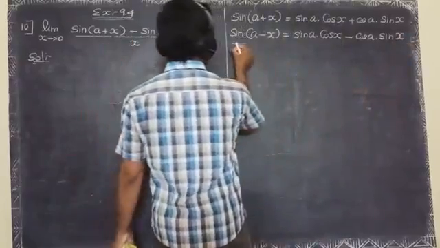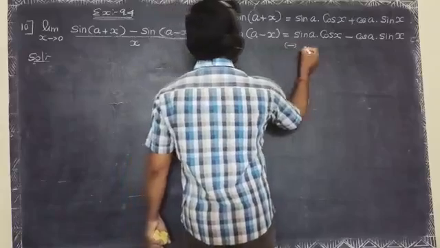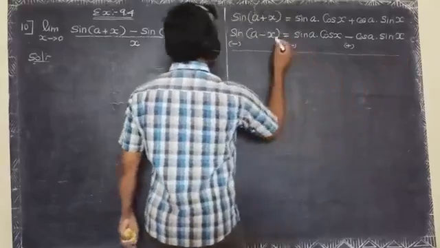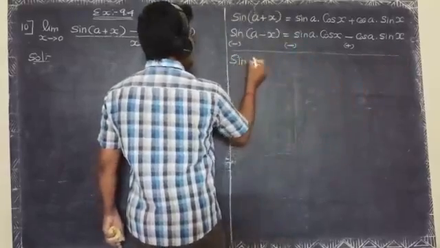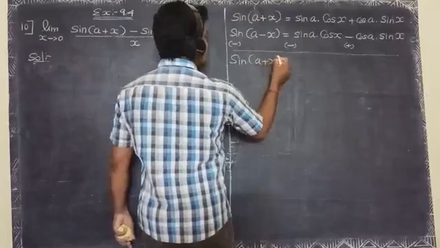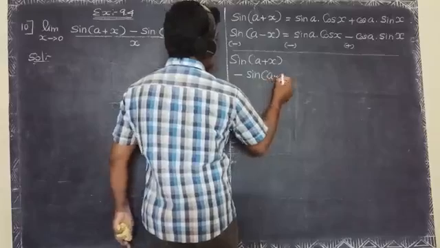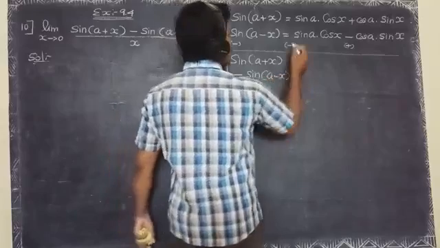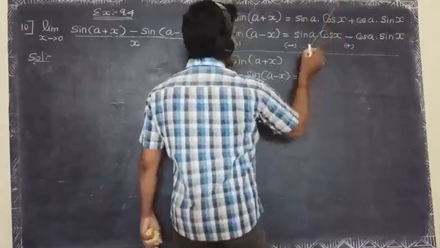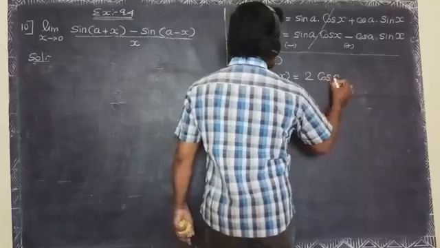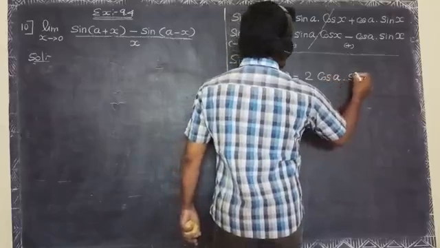Subtraction means change the sign. Simplify. On the left hand side we have sin(a + x) − sin(a − x), which is equal to, plus minus cancel, 2 times cos a sin x.